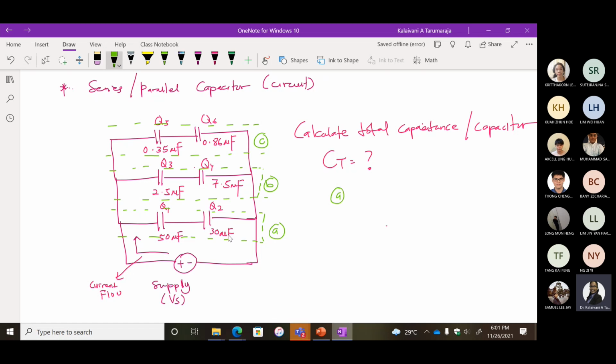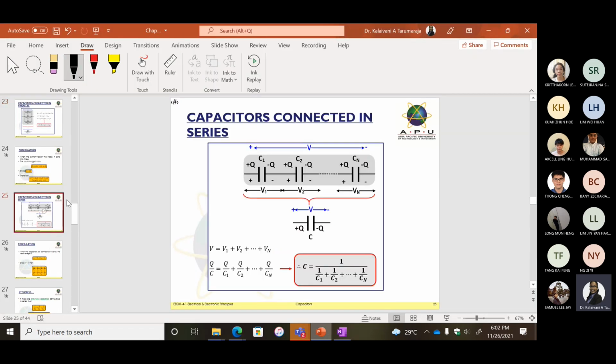The way they connected the capacitances is in series. When it's series, I need to know what equations to use. For the series equations, I need to use this formula: 1 over CT. Have a look back at your equations, the series equations. Go back here.